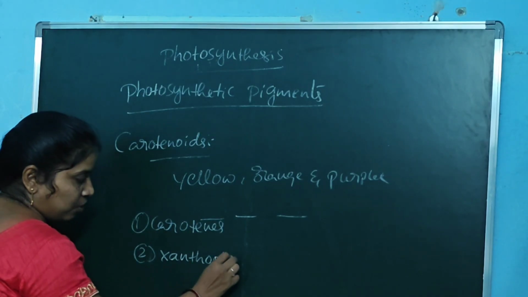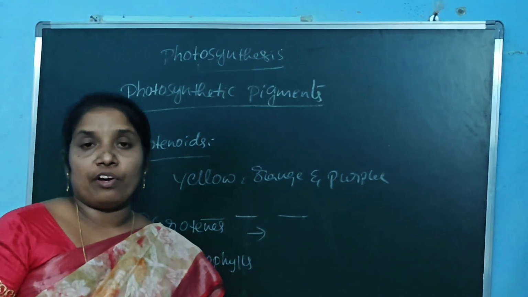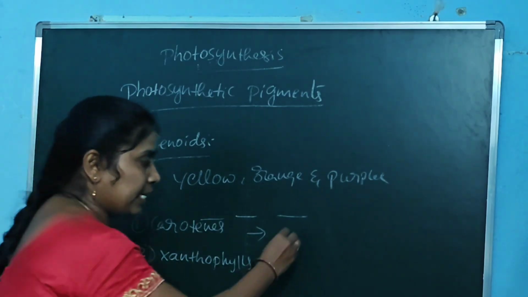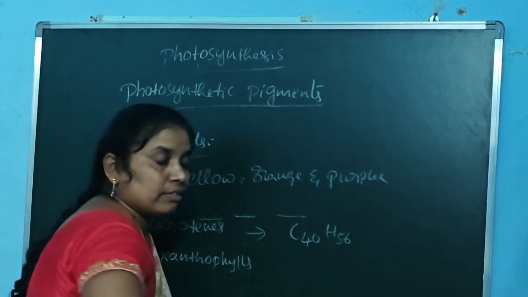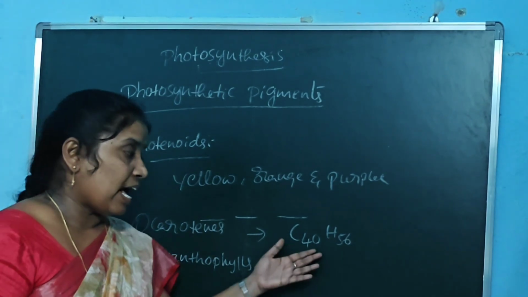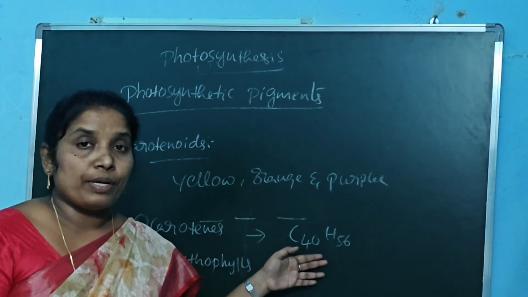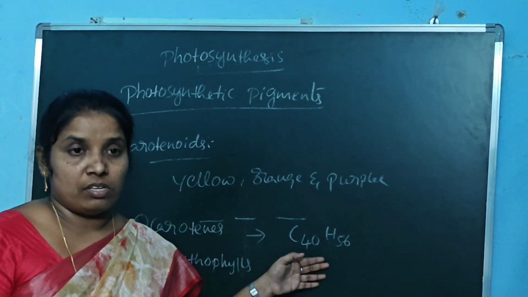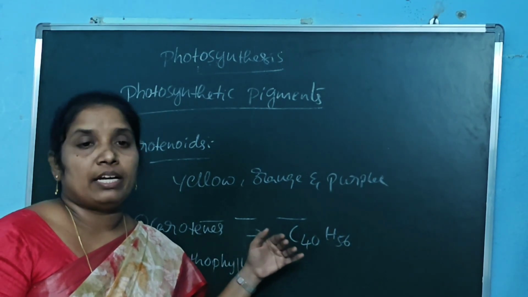Let's see first carotenes. The empirical formula of carotenes is C40H56. That means they only have carbon and hydrogen. They are open chain structures. Examples are lycopene, alpha carotene and beta carotene.